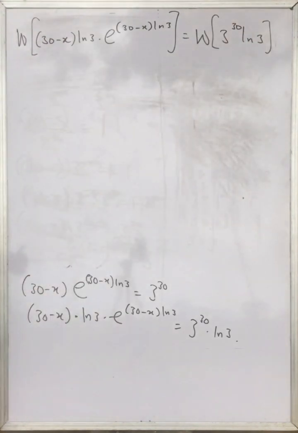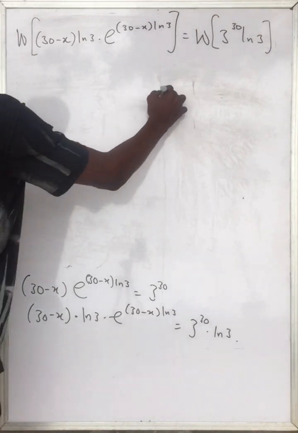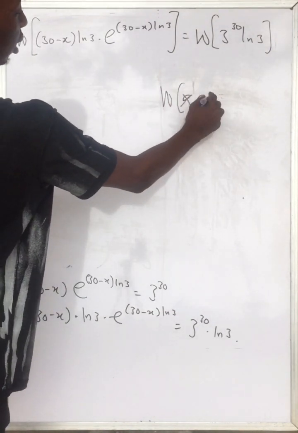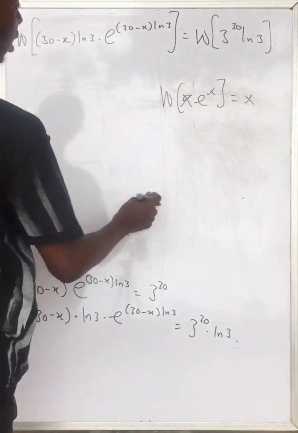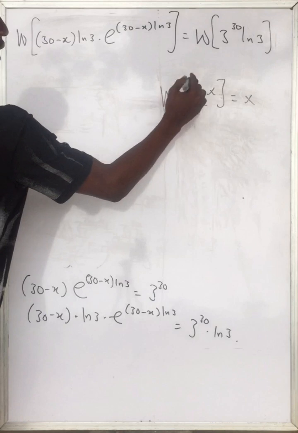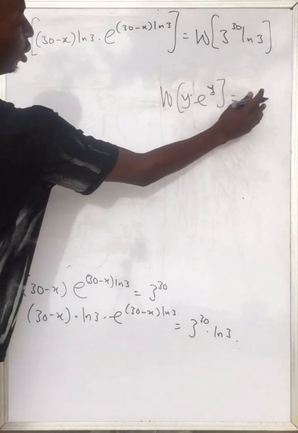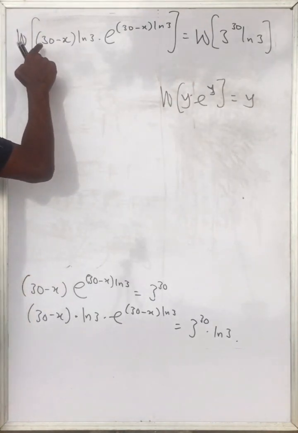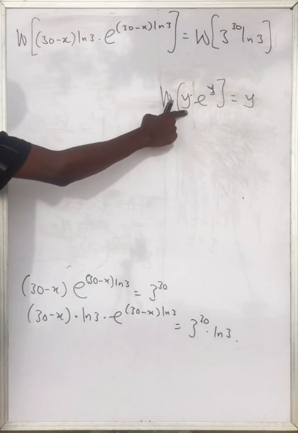Yes, remember I'm working towards a function. That is W of x e to the x is equal to x. That means we want to obtain, let me use y instead now, so you don't get things wrong. So the whole of 30 minus x ln 3 is my y.